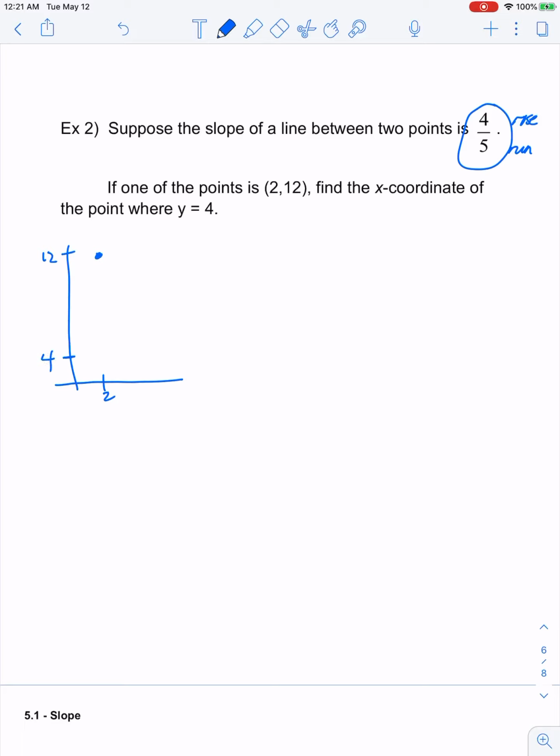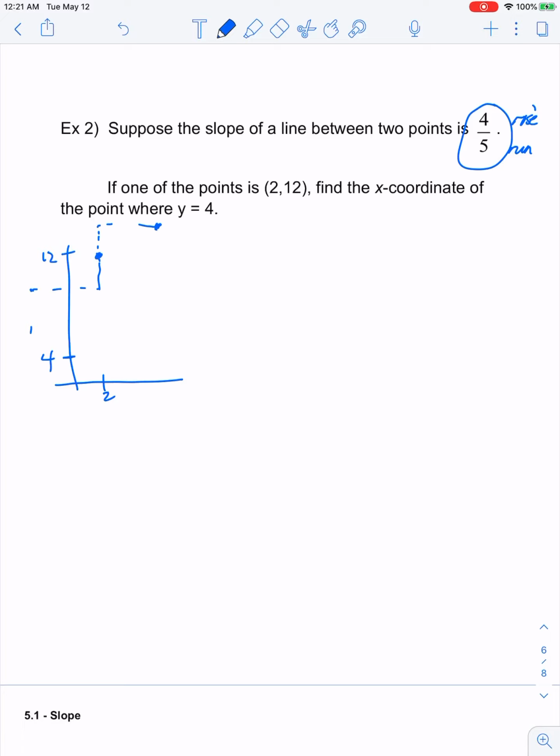So the rise is 4. The run is 5. So whenever it rises by 4, you run by 5. Well, then that means if I fall by 4, I got to go back 5. I didn't draw this very well.